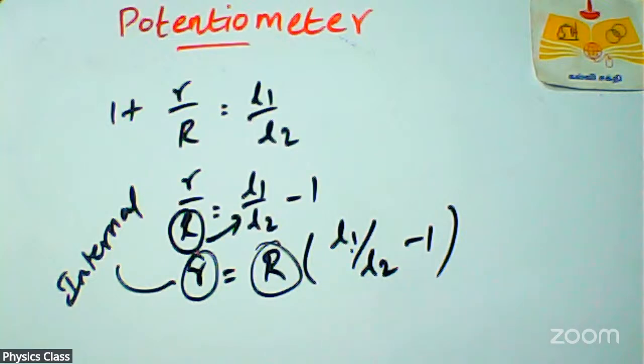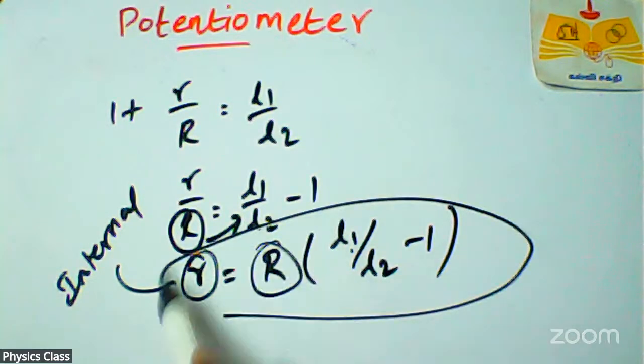So this is the equation for the internal resistance r of the cell to be determined. Using this formula, the internal resistance r of the cell can be calculated.